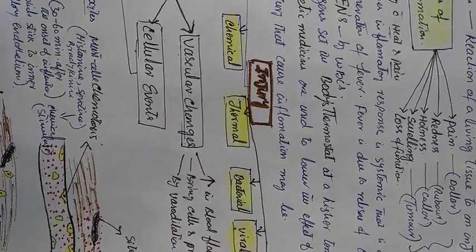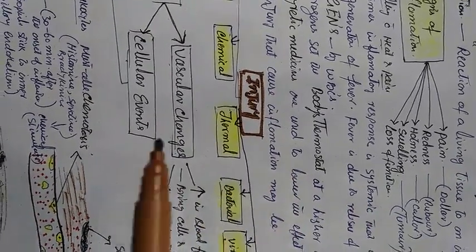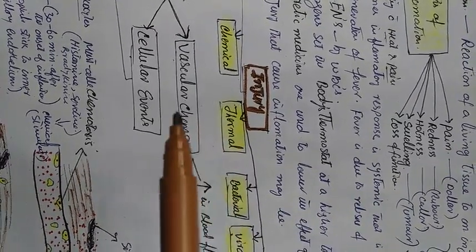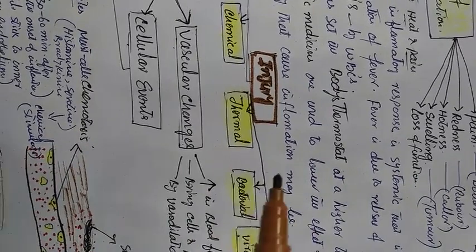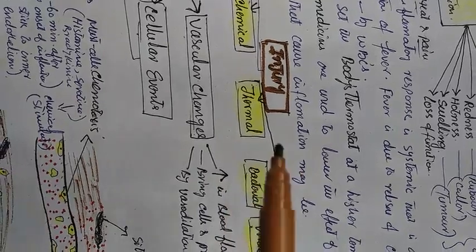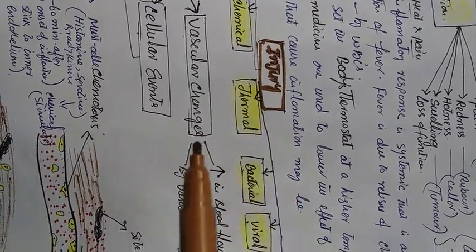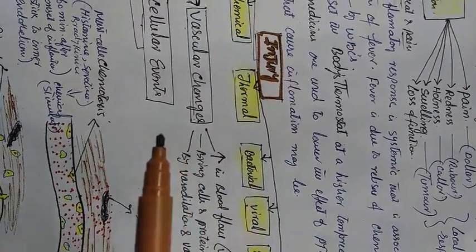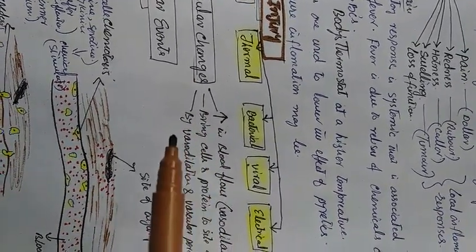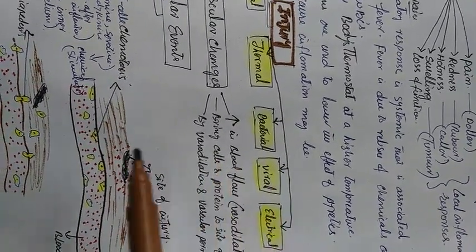Because of the inflammatory response or these injuries, the mast cells present in the endothelium of the blood vessels burst, and these mast cells liberate certain chemicals like histamine, serotonin, bradykinin, and other slow-releasing substances. These chemicals cause vasodilation, or dilation of the local blood capillaries, which ultimately increases the blood flow in those blood vessels. And this vasodilation brings cells and proteins to the site of inflammation.